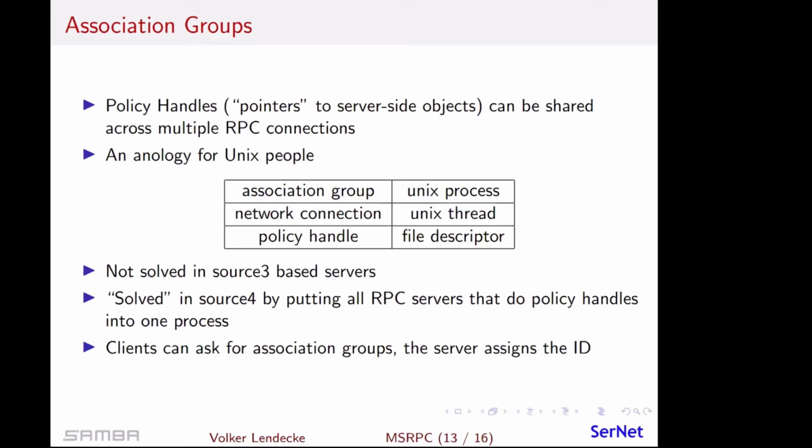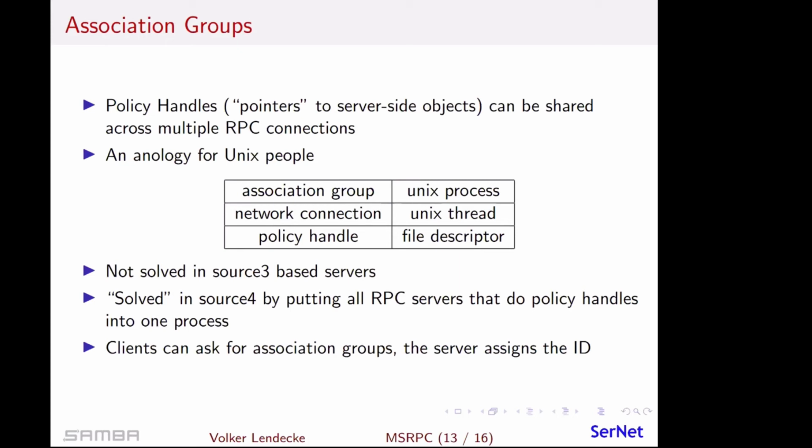Oh, I have a typo, an analogy for Unix people. So what an association group is, this looks at file descriptors. A policy handle here is what I call a file descriptor. It's a reference to an object in the kernel, a reference to the object on the server side. And the space where this policy handle is valid is a process.